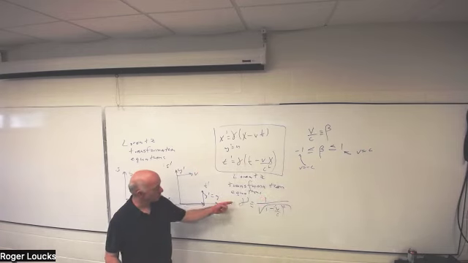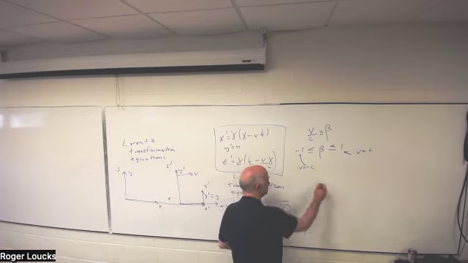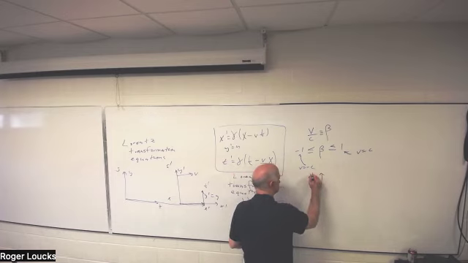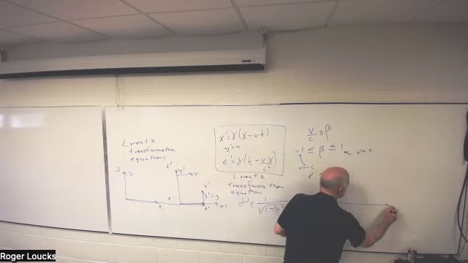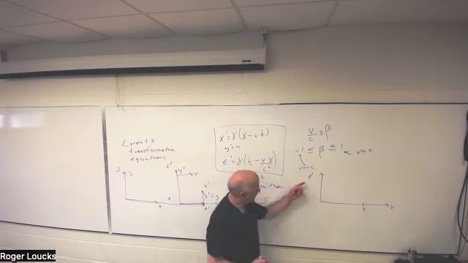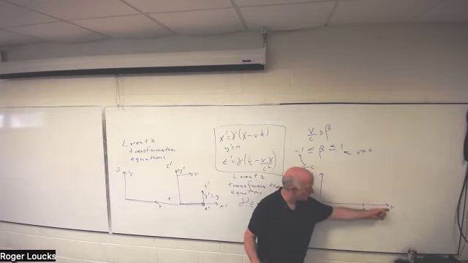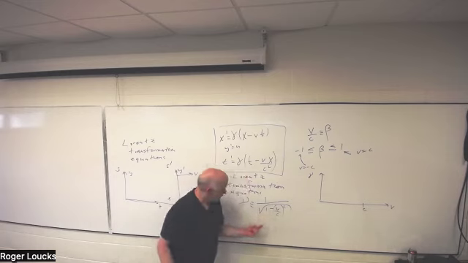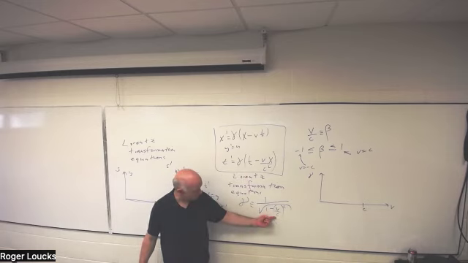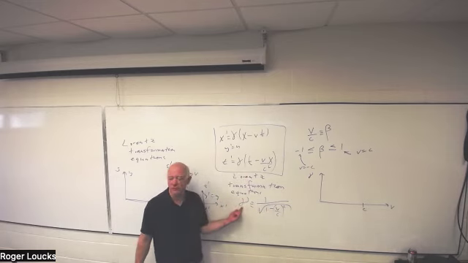And then as far as gamma goes, if I plot gamma versus V, and here's C, the V over C comes in squared. What's the smallest gamma can be?